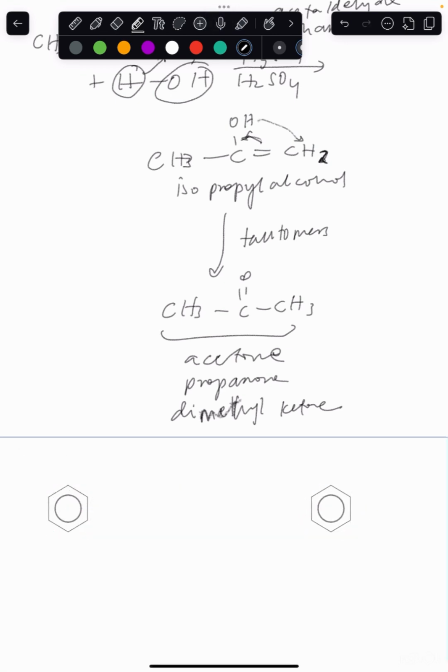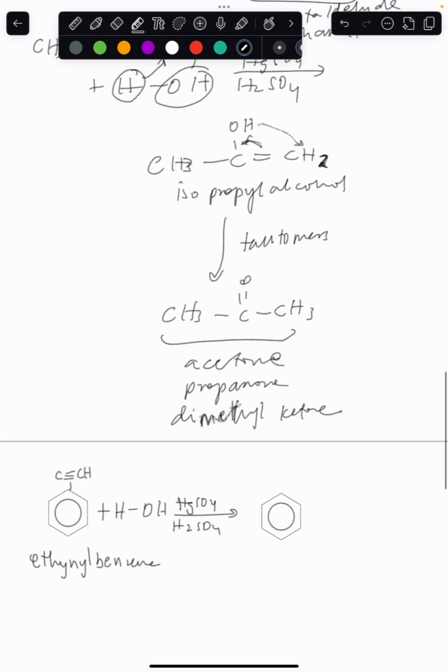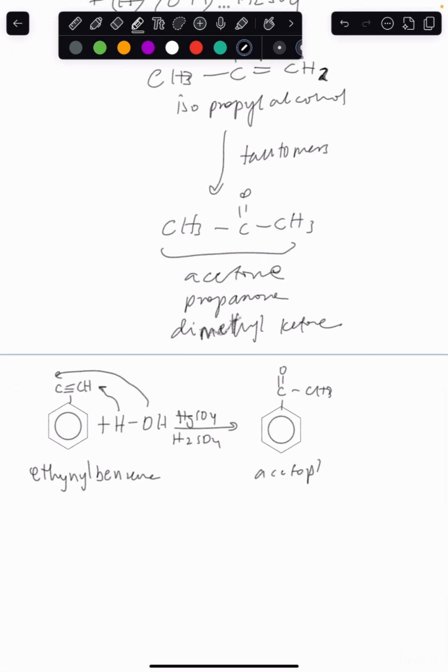So what we are looking at here is ethynylbenzene, which looks like this, and then it will form what we have as, this will combine over here, this will go over here, and then what we have is C2OCH3. After all the rearrangement and everything, acetophenone will form, which is a methyl aryl ketone.